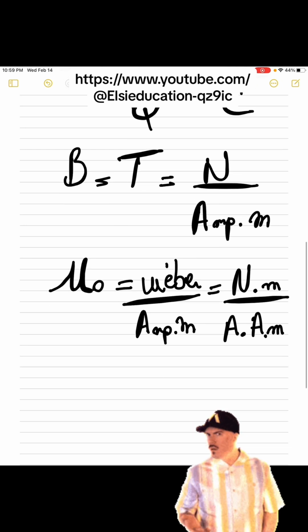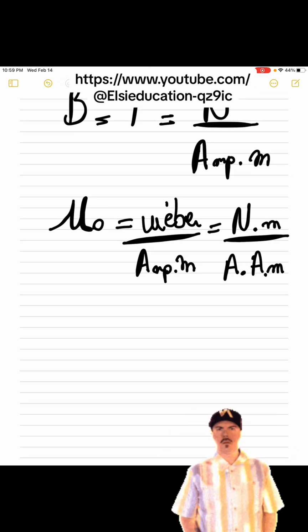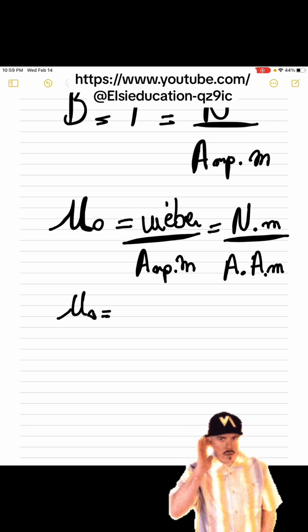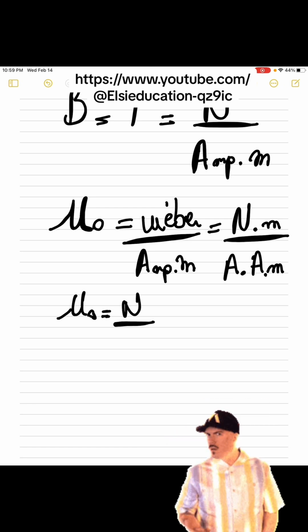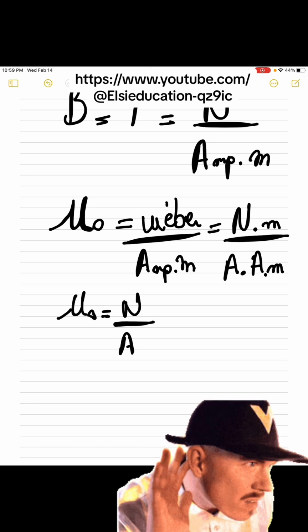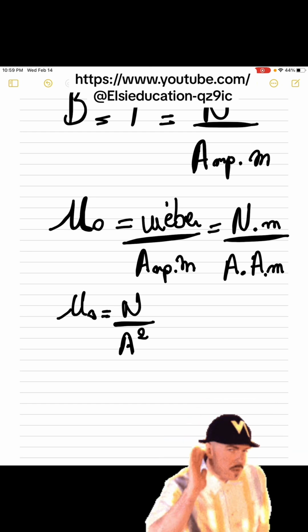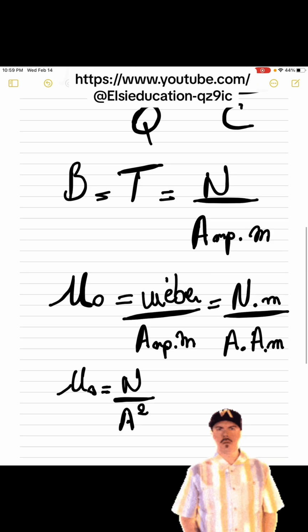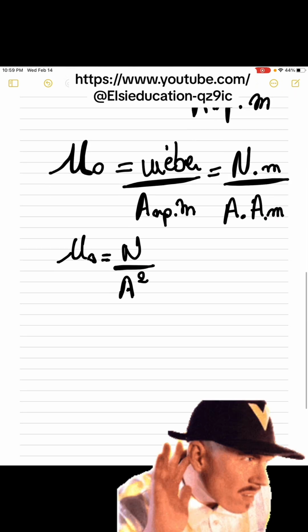So at the end, the unit of the constant is Newton divided by amp square. So we have everything right now.